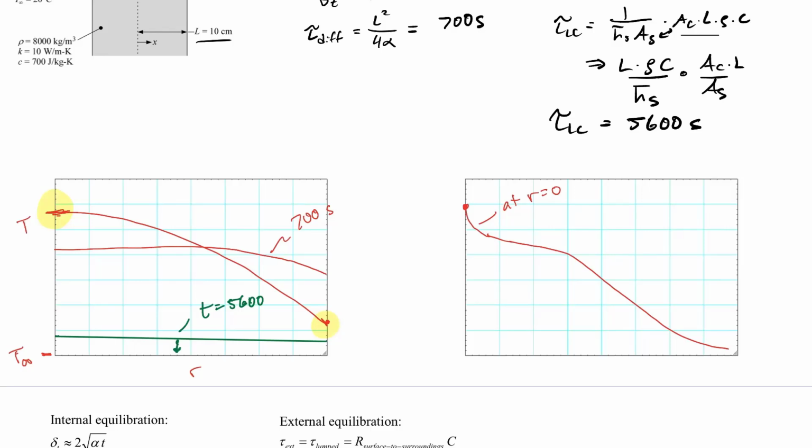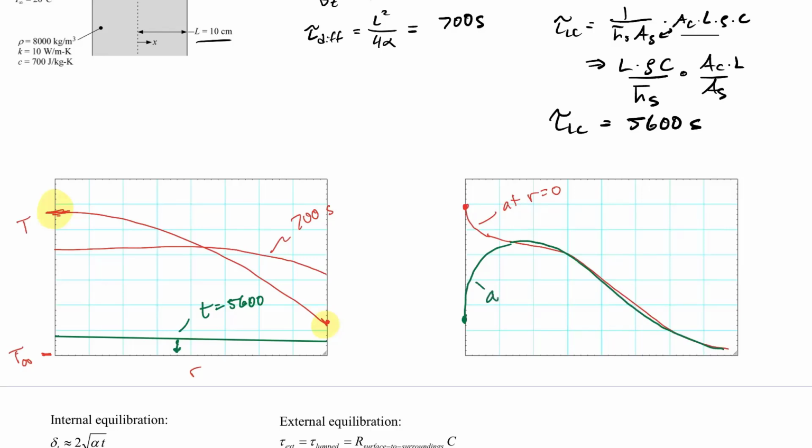So what's it going to look like at the outer wall? Let me draw that in green. At the outer wall, we started off down here, and we actually are going to see that temperature go up. It goes up like this, and eventually it's going to come to equilibrium with the inner wall condition, and then the whole thing's going to come down together. So this one would just trace along with the other one.